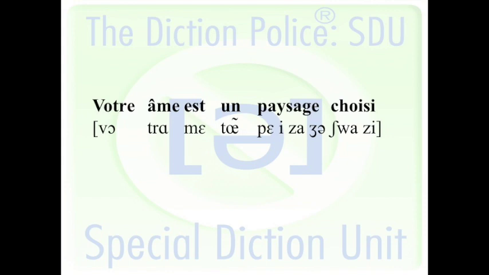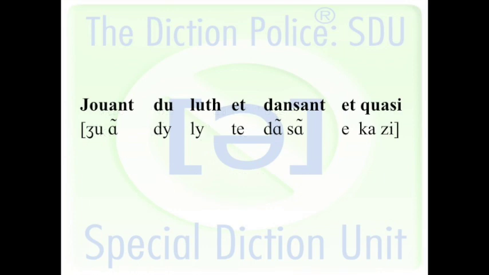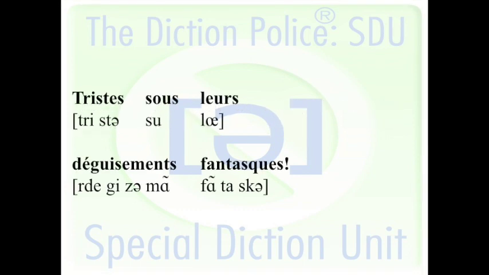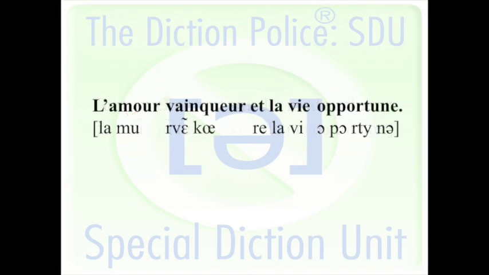Votre âme est un paysage choisi que vont charmants masques et bergamasques jouant du luth et dansant et quasi tristes sous leur déguisement fantasque, tout en chantant sur le mode mineur l'amour vainqueur et la vie opportune.